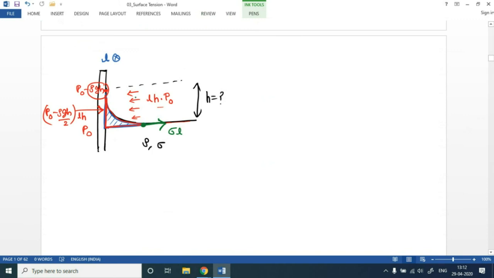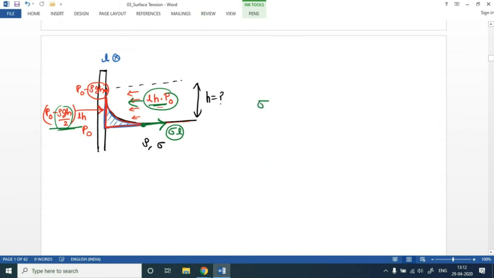So these three forces are acting: this force, this force and this force. You can see this minus this, this term will get cancelled. So effectively we will have this term only in the leftward direction, and that will be balanced by this force in the rightward direction.